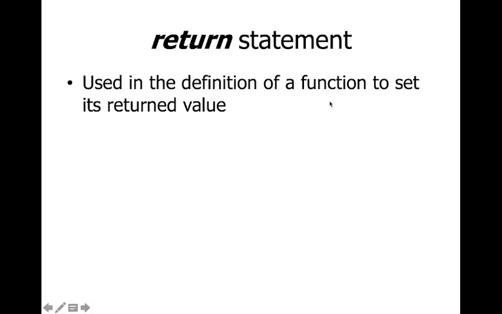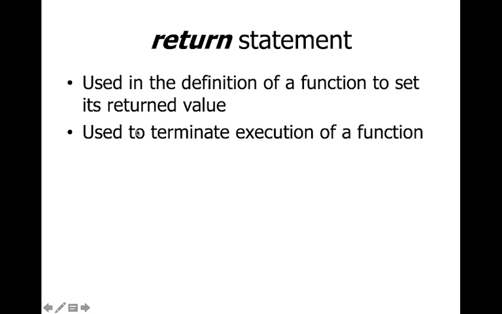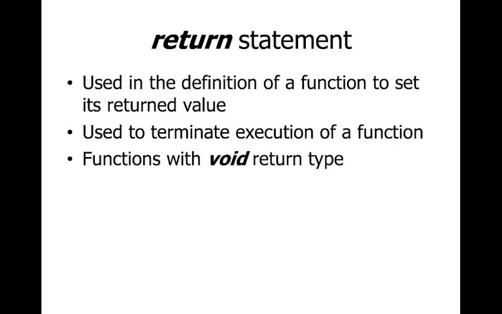It is used in the definition of a function to set its returned value, and to terminate execution of a function. It is mainly to terminate the execution of a particular function. For functions with void return type, if there is no return value, we will simply use return semicolon. In the main function we are using an int return type.